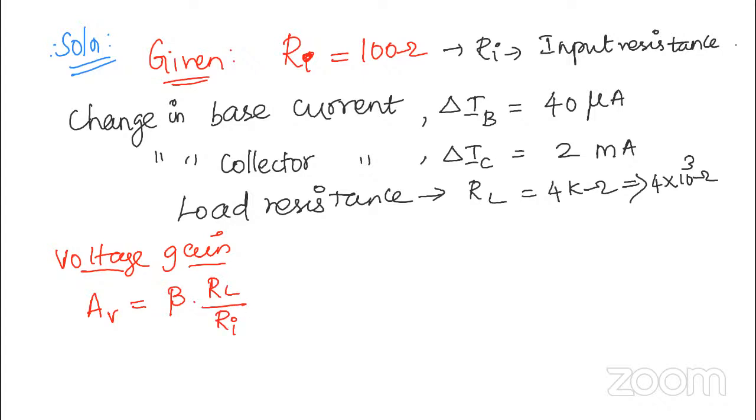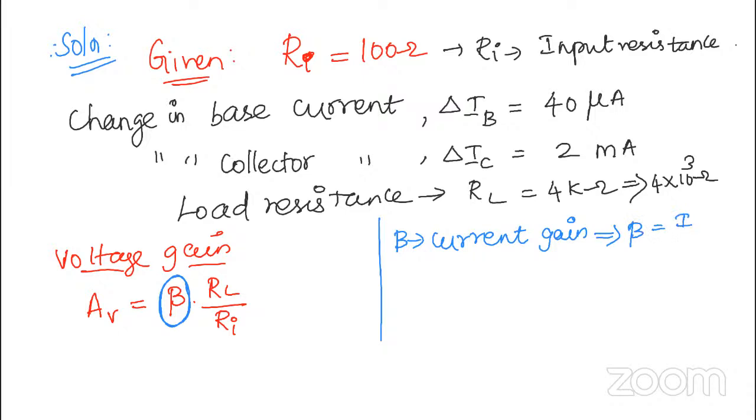We have already seen this. Only the value of beta is not given in the problem. So to calculate the value of beta, we go for the formula. Beta is our current gain. What is the formula for current gain? Beta is equal to delta IC divided by delta IB.